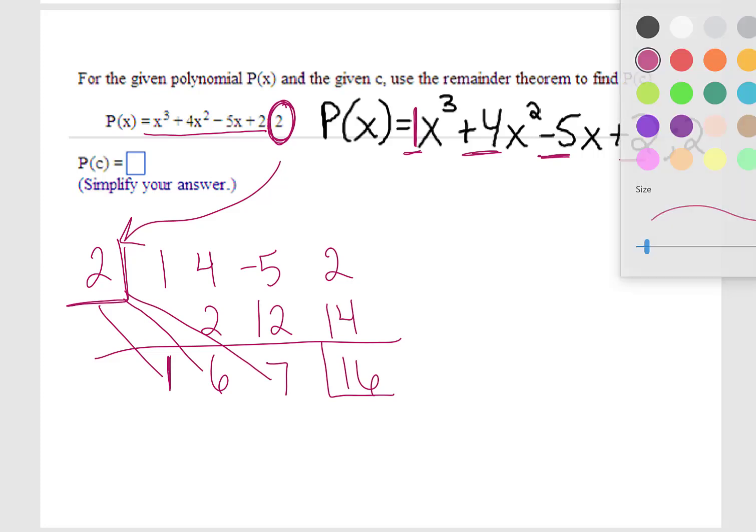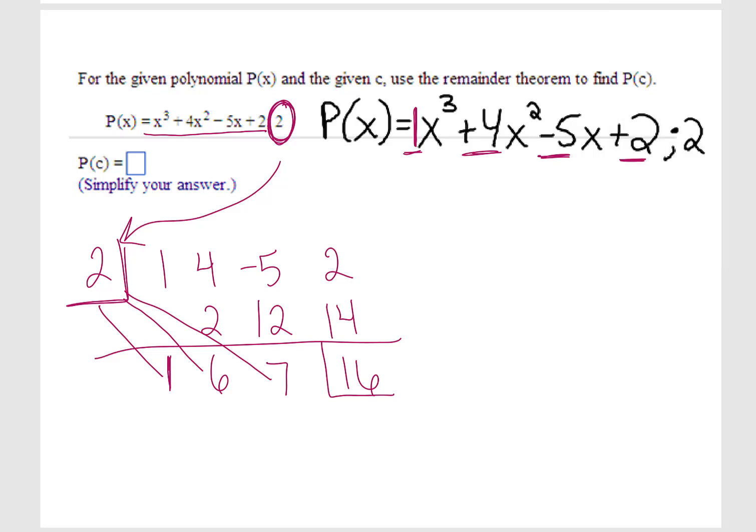And here's the part that you'll want to pay attention to, because I've had students who want to write out that entire bottom row, but when they mention remainder theorem, think, I'm only concerned about the remainder. So your answer would only be 16.